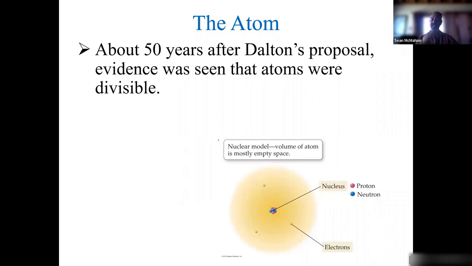And it has a very dense nucleus. That's why it's referred to as a nuclear model. And that nucleus is where we find the protons and neutrons. Outside of the very dense nucleus, surrounding it, are the electrons. But the majority of it's empty space.